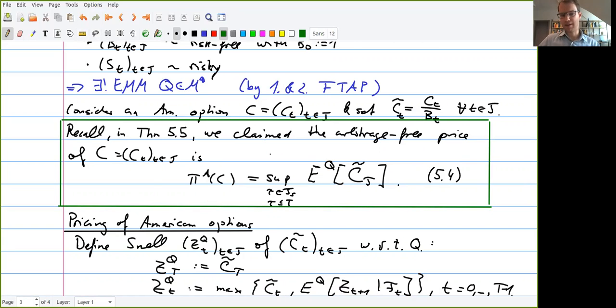And my last lemma showed me that this is true. And now I want to add here that this is actually the unique price. Right. So this is the missing step. Because this is what I also claimed in theorem 5.5, that there's an arbitrage-free American price given by this formula, and this is actually the only one we can choose.